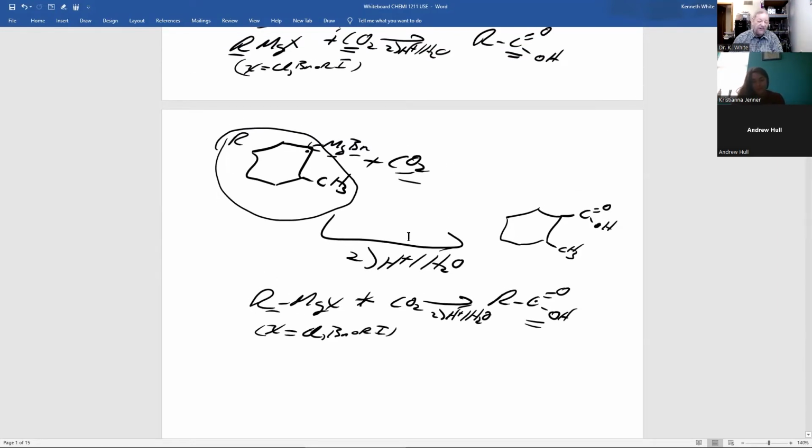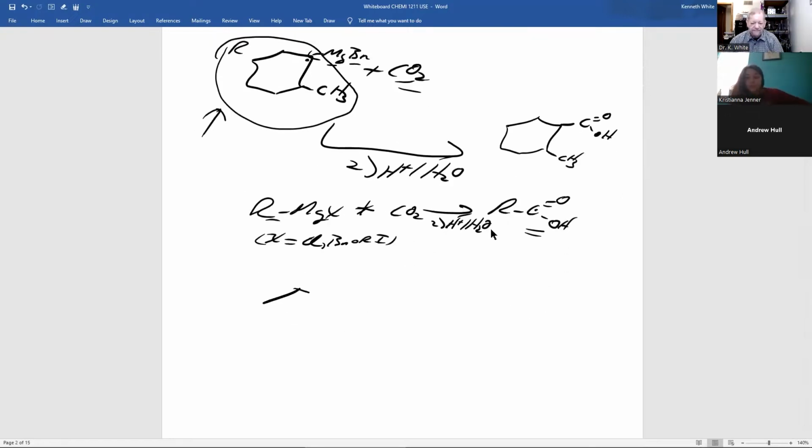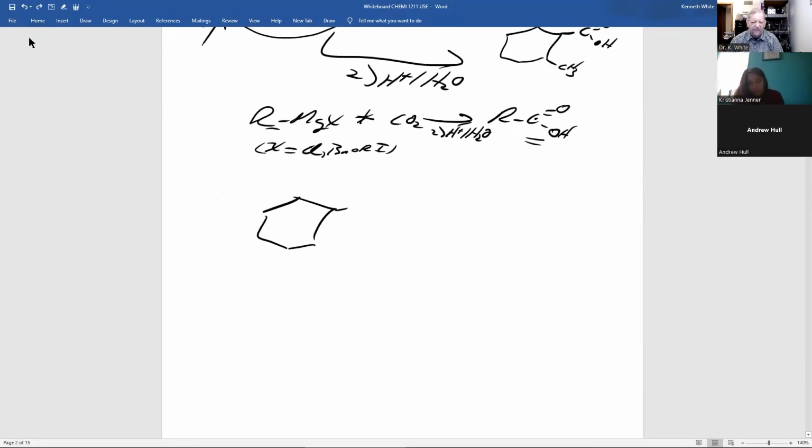Because how would you make, and now you're going to see how synthetic organic chemists work. How would you make this compound? Well, it's a Grignard. You would start with, in this case, what did I have? Bromine. And you'd make this Grignard.